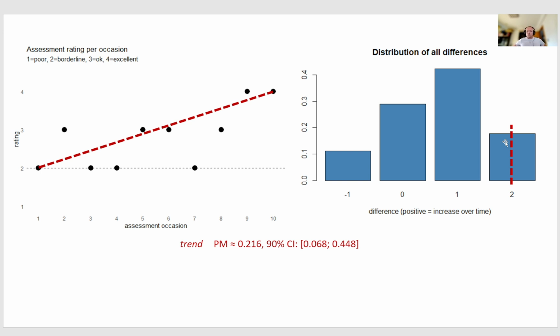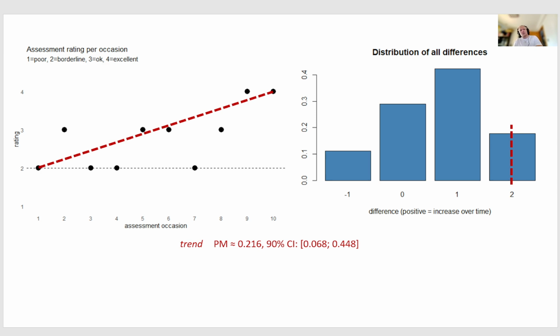Plus a beta 1-1 prior distribution gives a posterior distribution with a median of nearly 0.22 and a 90% credible interval running from almost 0.07 to almost 0.45.